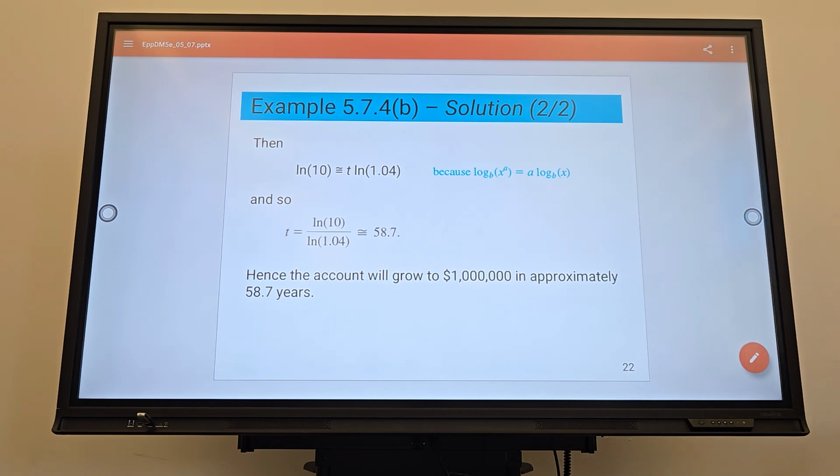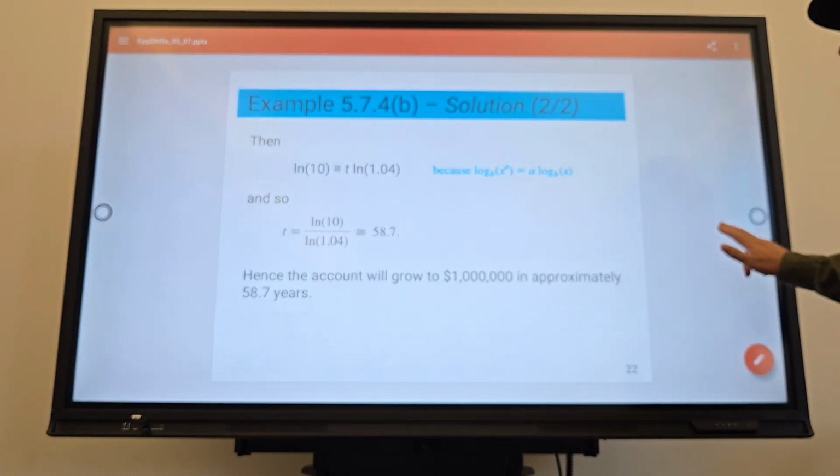So the account would grow to $1 million in approximately 58.7 years. Start saving now, while you're young.